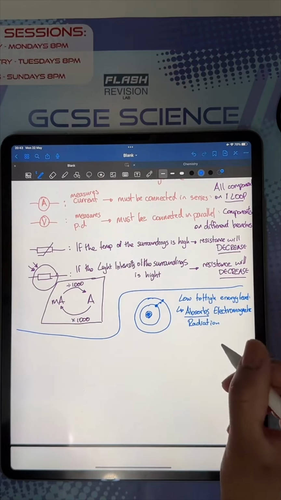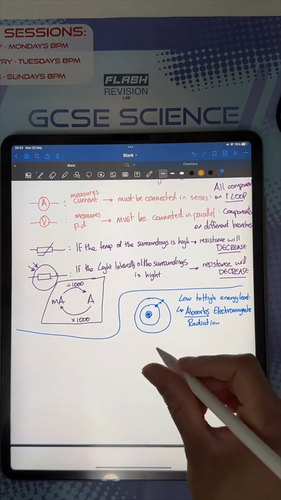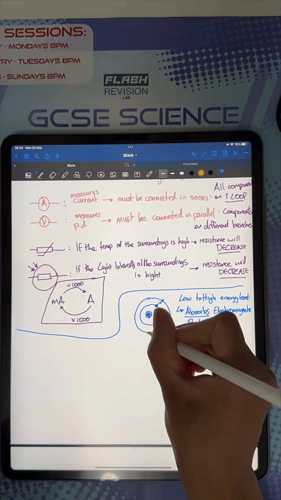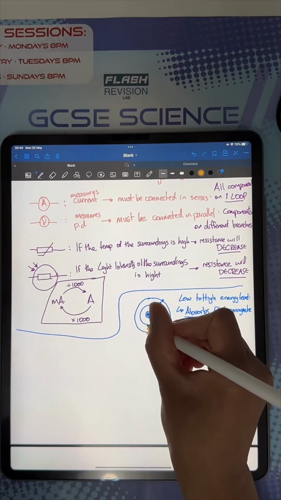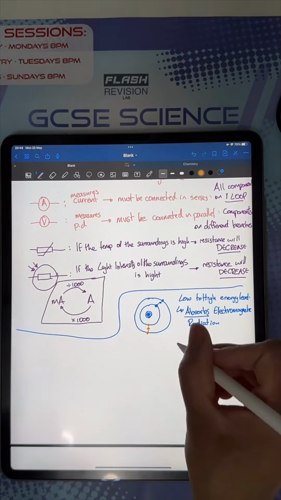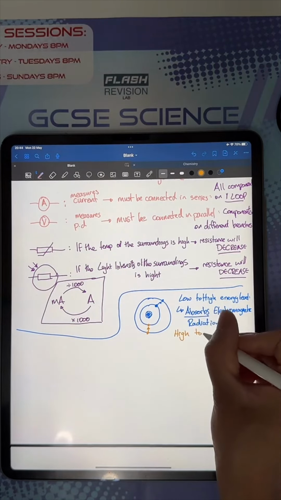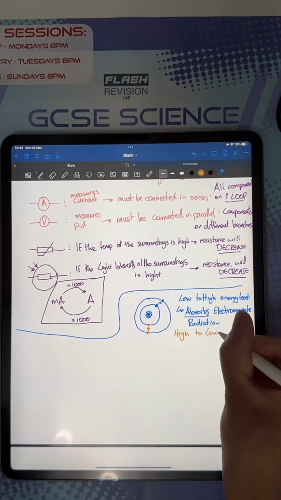If it's the other way around, what does it need to do then? Let me put this in a different color. If a high energy electron goes to a lower energy level, what happens here? What needs to happen for that to occur? Yeah, that needs to give off radiation, emit it. Good. Well done, guys. So high to low energy level.